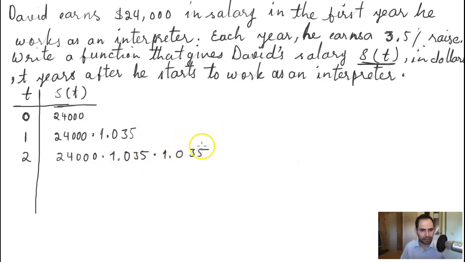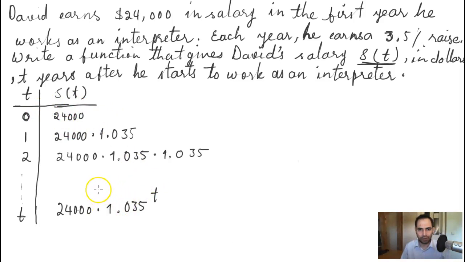So you can see that after t years, you have 24,000 times 1.035 raised to the tth power, because here you are raising 1.035 to the second power. You have two factors. Here you have one factor, so you raise it to the first power, and here you raise 1.035 to the 0th power, which becomes 1, and then 1 times 24,000 is simply 24,000.